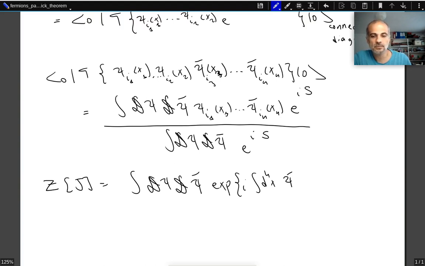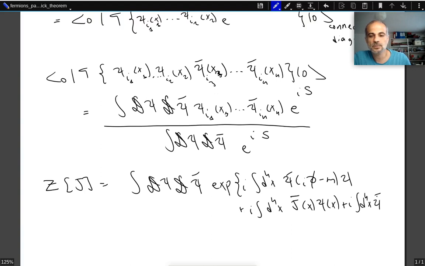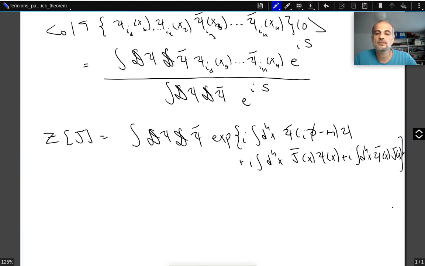Let's also add some source terms, plus i∫d⁴x J̄(x)ψ(x), plus i∫d⁴x ψ̄(x)J(x). So here J itself is a fermionic field, a spinor field. So it has 4 components, just like ψ, so that this product is just a number.